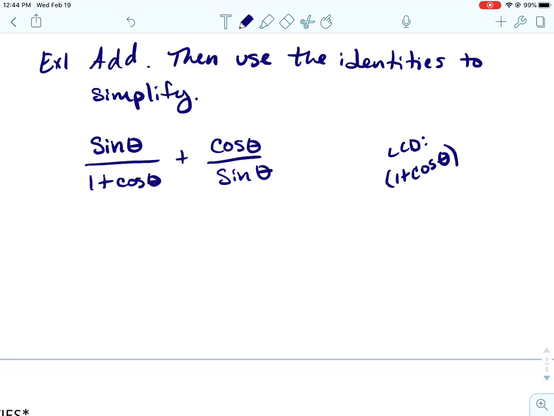And then what else needs to be in my LCD? The sine of theta. Okay, so I'm going to rewrite both of these with a longer fraction bar, and then we're going to make each of them have the LCD.